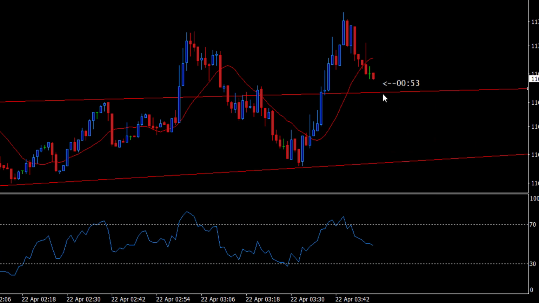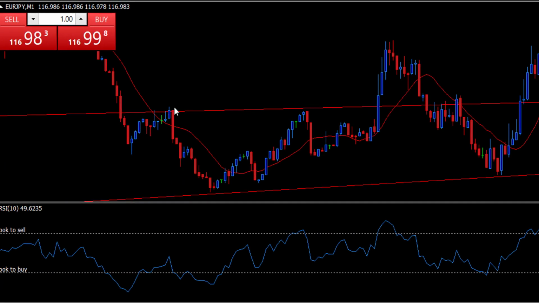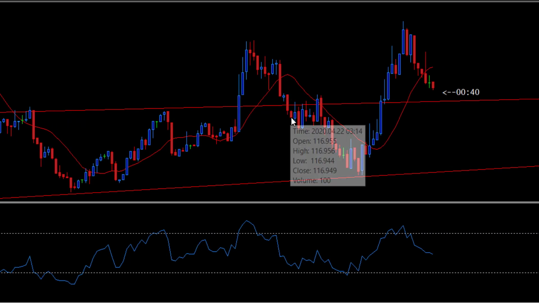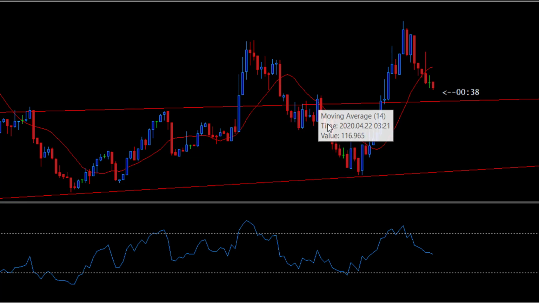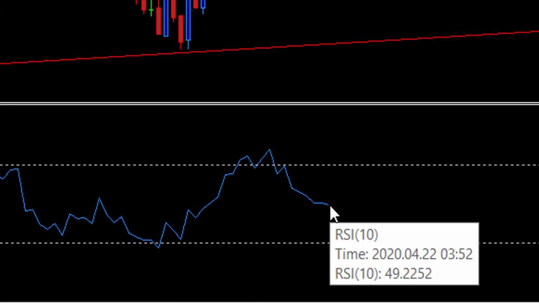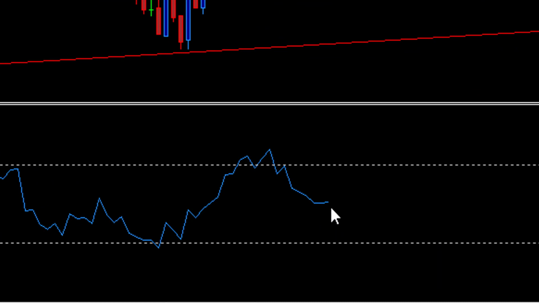If it shows signs of support, see, look, that's resistance. Resistance, resistance. It broke through right here, and then it broke it again. Resistance. It broke through. So this is kind of weak. I don't think that it is though, because I'm looking at the RSI, the relative strength index, and it's at the 50% mark.